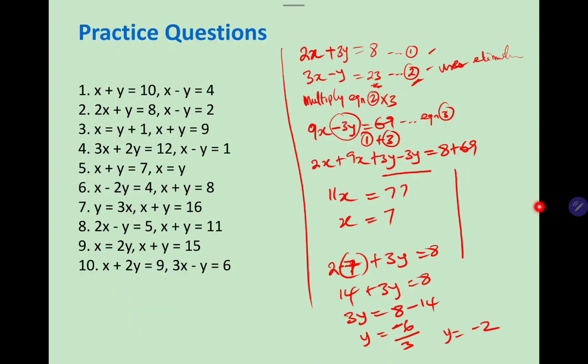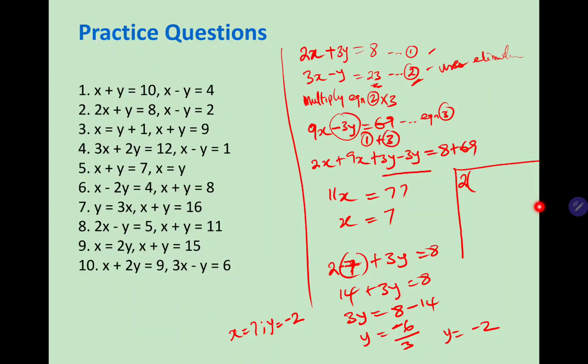Okay, let's check our answer. Let's use the first one to check our answer. Equation 1, 2x. So we say x here. Remember, we have gotten x is equals to 7, y is equals to minus 2.